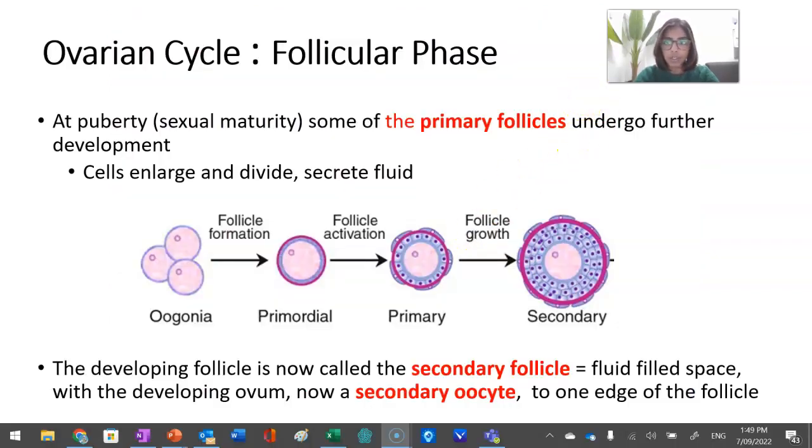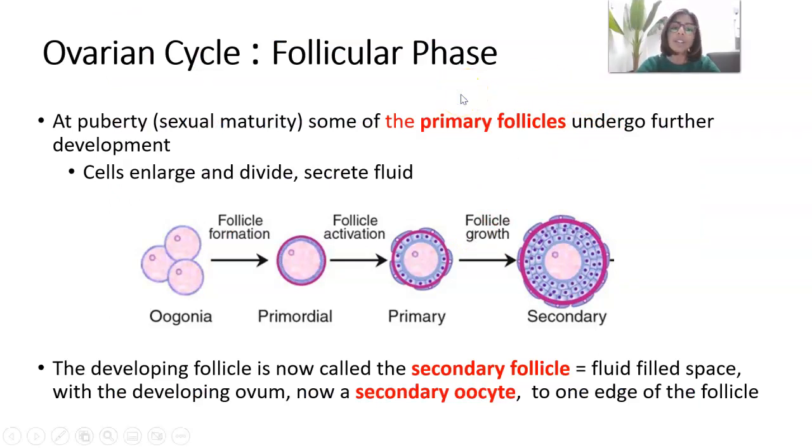Okay, so now we're going to be looking at the follicular phase, remembering that is the first part of the ovarian cycle. So at puberty, some of the primary follicles will undergo further development. And so what happens is those cells will start to enlarge and divide, and crucially those follicular cells will secrete fluid.